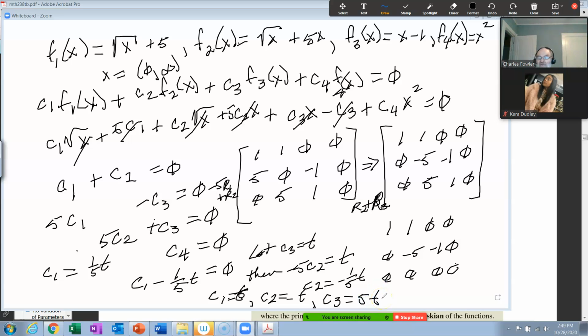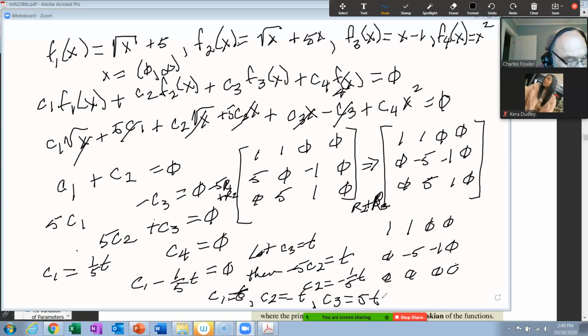Now what do we conclude here? C2 and C1 are just opposites of each other. So therefore they are linearly dependent.